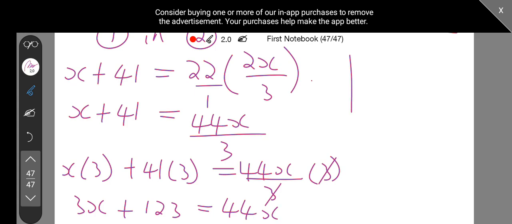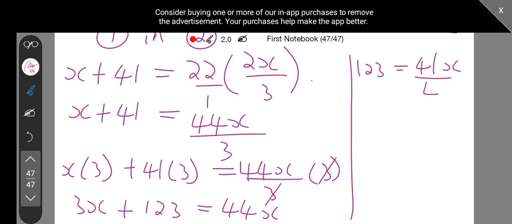We can add the like terms. We take the 3x to the right side and we're left with 123 is equal to 44x minus 3x. What is 44 minus 3? That gives us 41, and this is 41x.